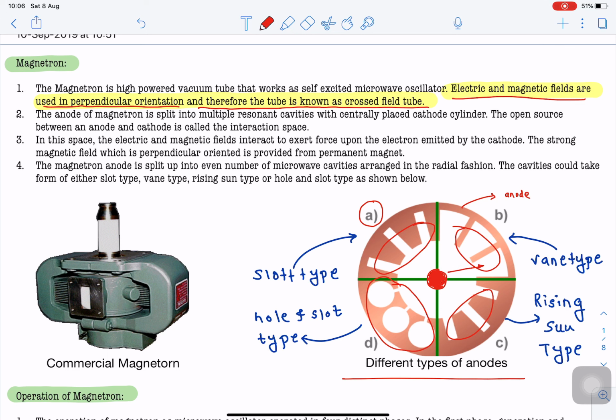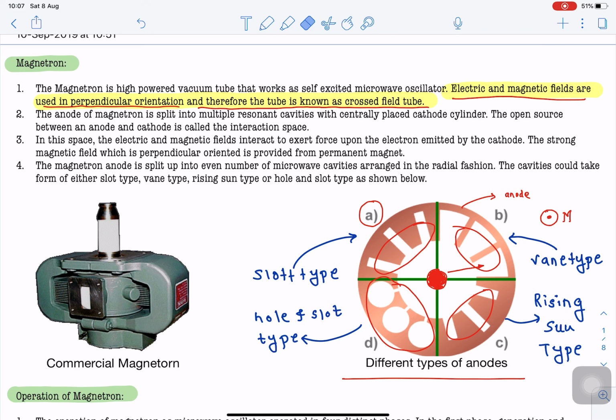The space between the cathode and anode we call the interaction space. In this space the electric and magnetic fields are going to interact. Please remember that the magnetic field is shown perpendicularly oriented to the plane of the paper.